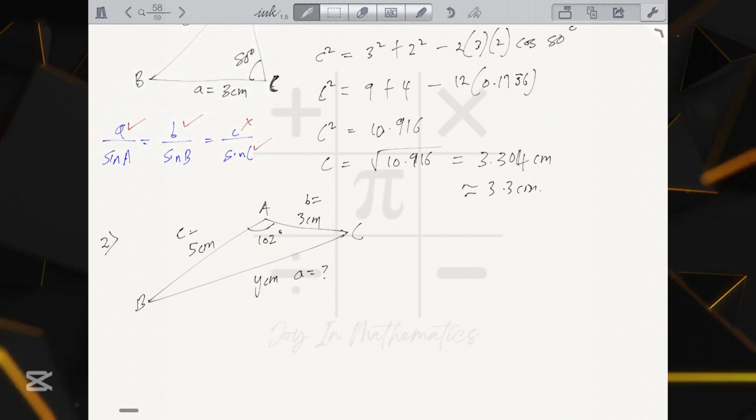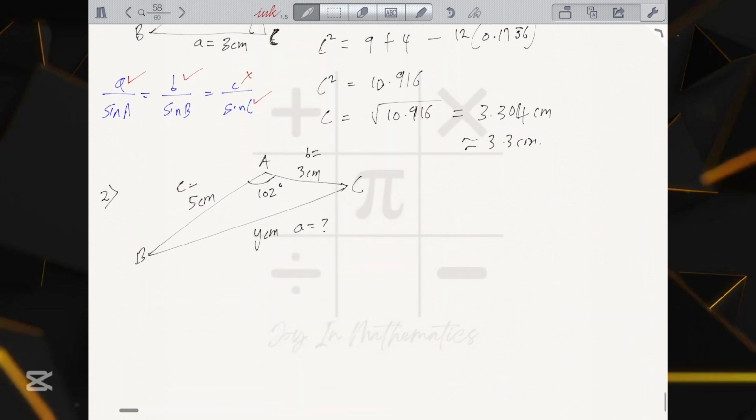So let's recall the laws in cosine rule. We have c squared is equal to a squared plus b squared minus 2ab cos c. Likewise, we have b squared is equal to a squared plus c squared minus 2ac cos b, and a squared is equal to b squared plus c squared minus 2bc cos a.